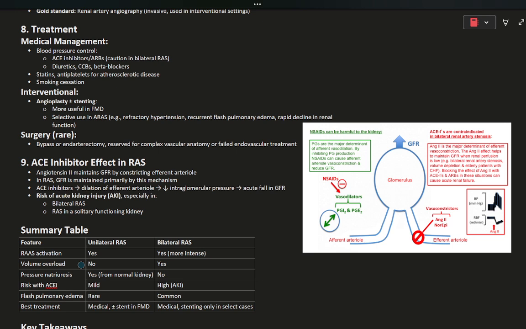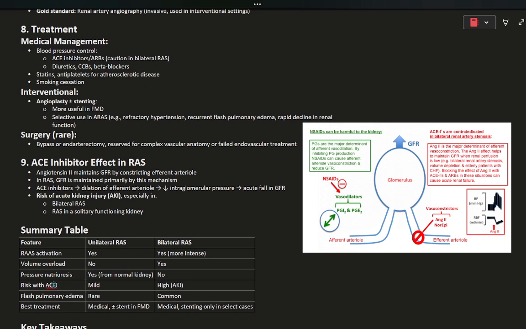There's little to no volume overload in unilateral renal artery stenosis, but the opposite happens in bilateral renal artery stenosis. Pressure natriuresis occurs in unilateral renal artery stenosis, but not in bilateral renal artery stenosis.